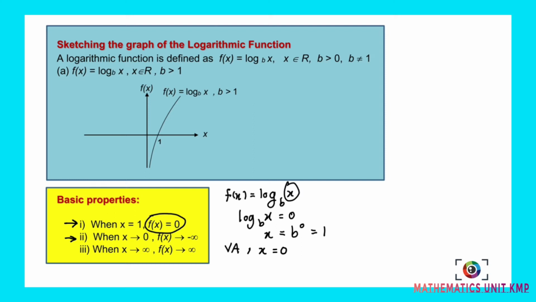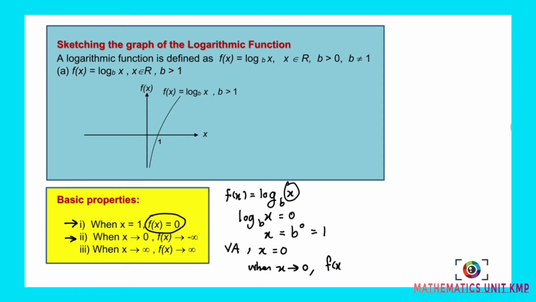Then you take the value of the vertical asymptote. You check when x approaching to that vertical asymptote, what is the value of y?